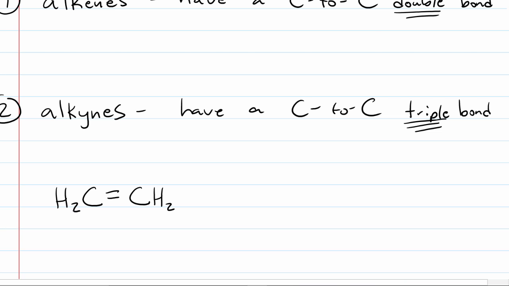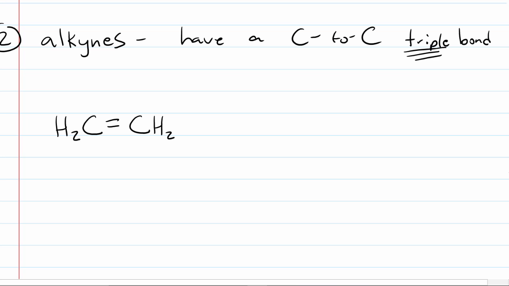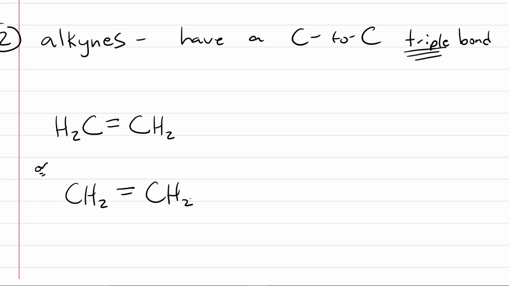Now remember that your author shows those terminal hydrogens on the left-hand side by writing them on the far left, but this would be the same as writing it as CH2 double bond CH2. Either one is a correct way to write it. And this would be a condensed structural formula.